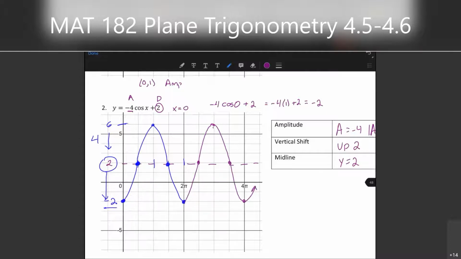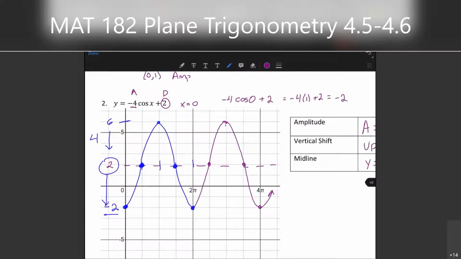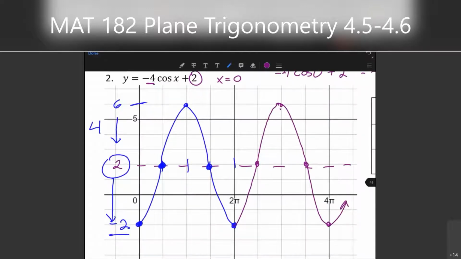Mr. Coleman? Yes. My other question, I've struggled with this too: how would you know where to put those little points on the graphs? I mean, you did two spots to the left. So how did you know where to put the points? So when we have a normal period of 2 pi, the sine and cosine functions are always divided into 4 sections. Like this section, then that, then the section here, and the section there. And each of those sections has to be 1/4 of 2 pi.